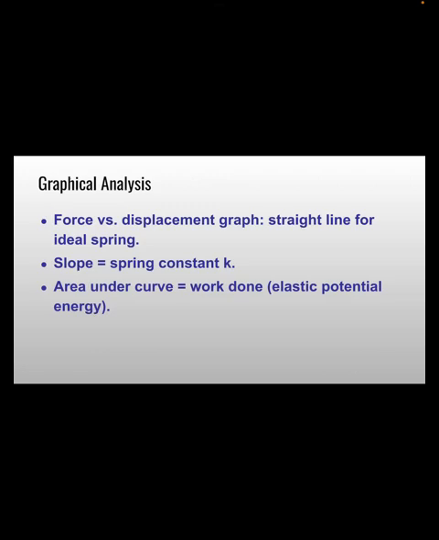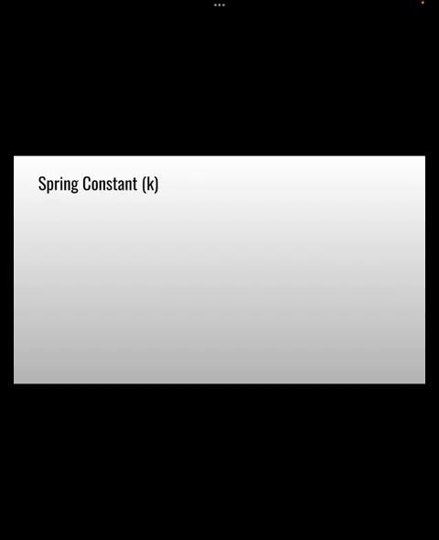Okay. So the spring constant has units of newtons per meter. The way to find the spring constant experimentally would be to graph a force versus displacement graph and then find the slope of that line.